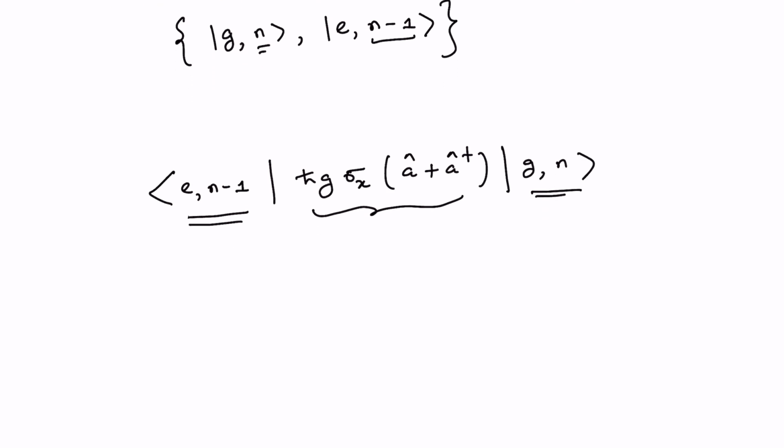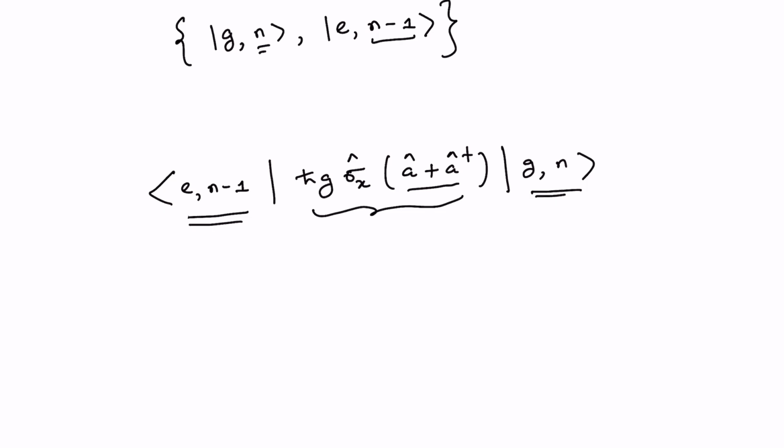Here this σx is the Pauli operator, and it is related to the atomic raising and lowering operators as we have discussed. So σx is going to act on the atomic state, and a plus a† is going to act on the number state of the harmonic oscillator.